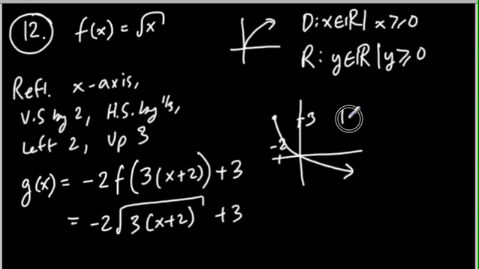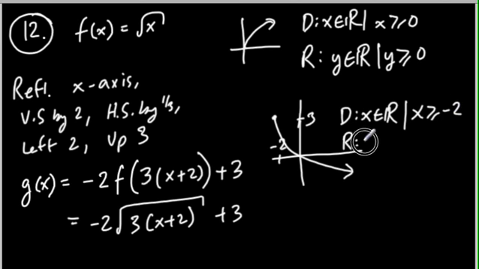So the domain is x is an element of reals, x is greater than or equal to negative 2, and the range is y is an element of reals. Because it's going downward, y is less than or equal to 3.